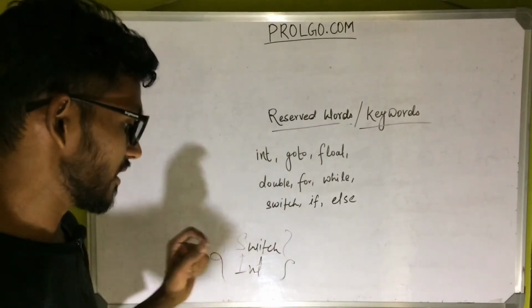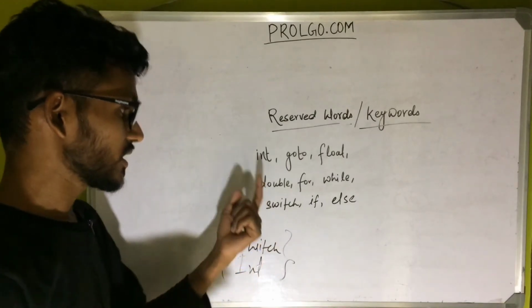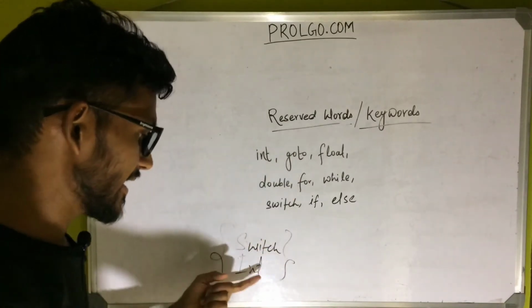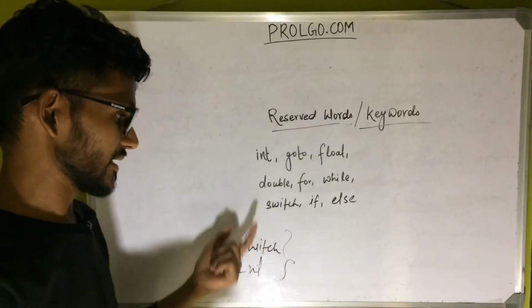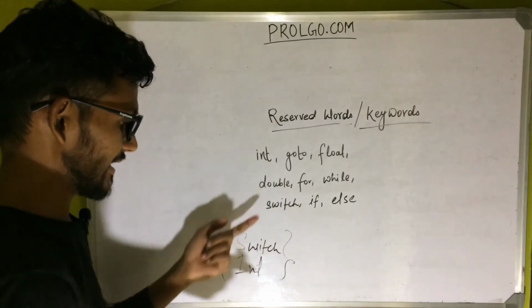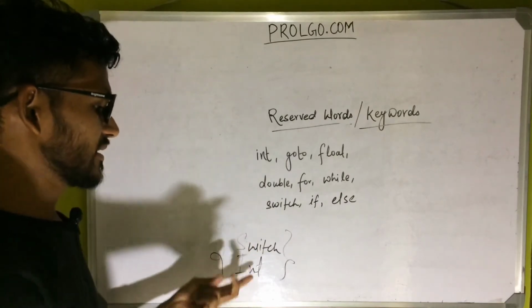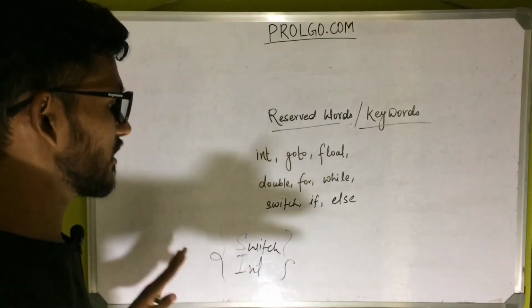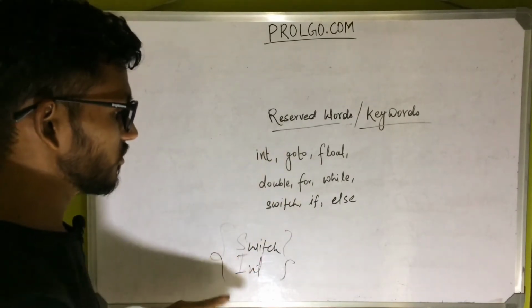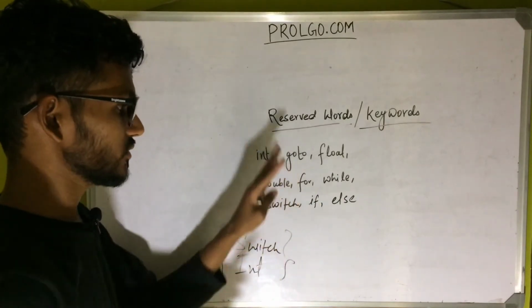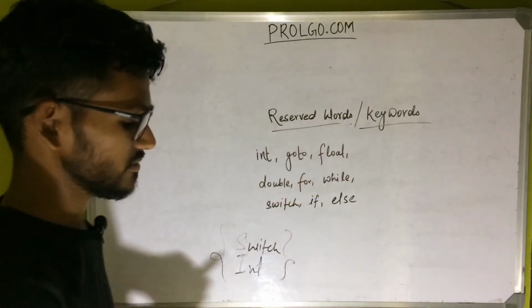But it is not recommended to use the same name as an identifier just by changing the case, like making one of the letters capital, because this may create some confusion. So it is always advisable not to use any word which is already defined as a keyword.